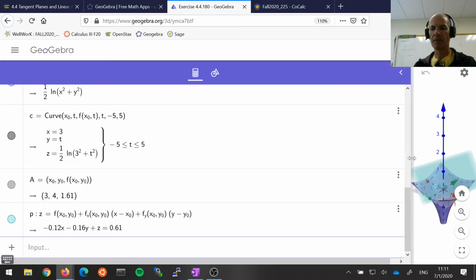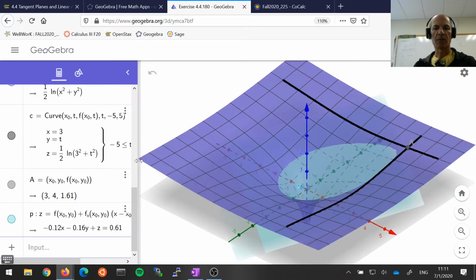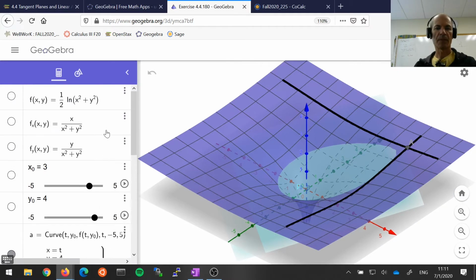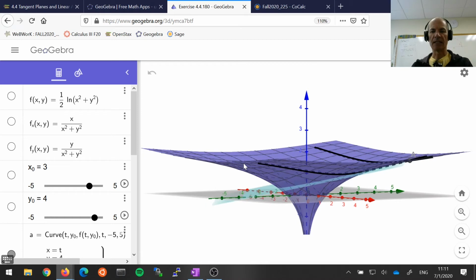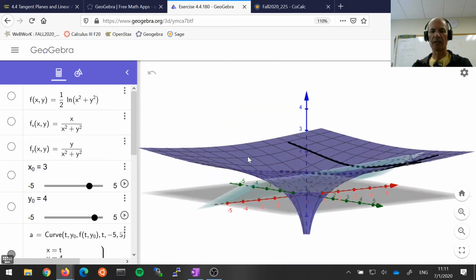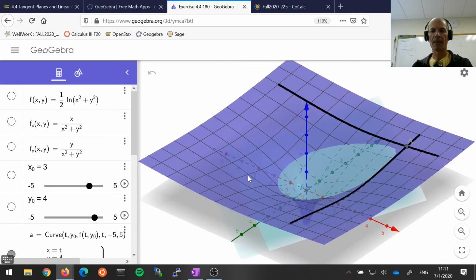All right. So this is an example that we're going to see later in the lecture. We're using a specific function now, 1/2 natural log of x squared plus y squared. That's this purplish surface that has the singularity at the origin, goes to minus infinity at the origin.